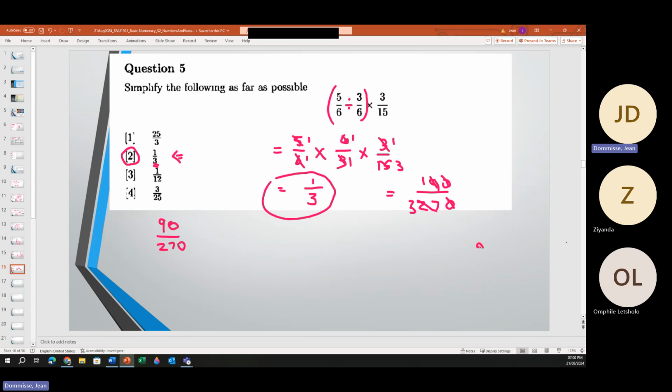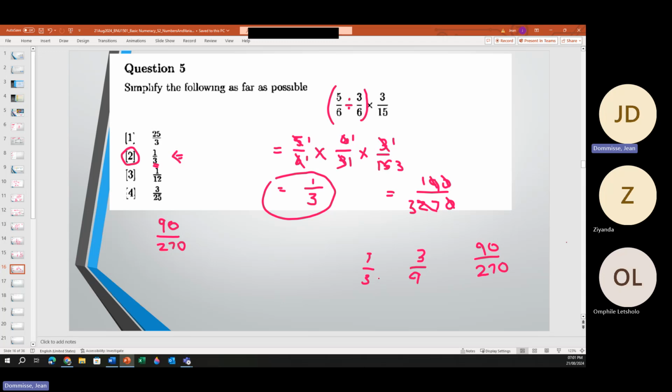Even if you had 90 over 270 and said, okay, 30 goes into 90 3 times and into 270 9 times, that is okay, but let's simplify that a bit more. 3 goes into the 9 three times and into the 3 once. So there are a few ways to get to that simplified answer. It is just not one method.